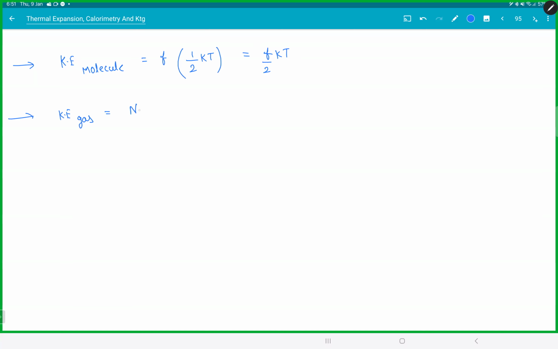So that will be the total number of molecules into the kinetic energy of each molecule, which is N into Na, F by 2 kT. But I know Na into k becomes R. So this is F by 2 nRT. That's the kinetic energy of the gas.